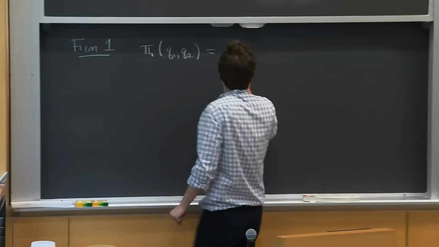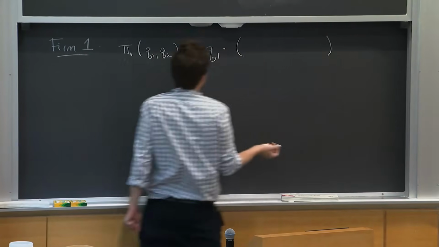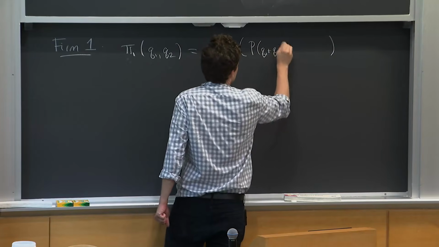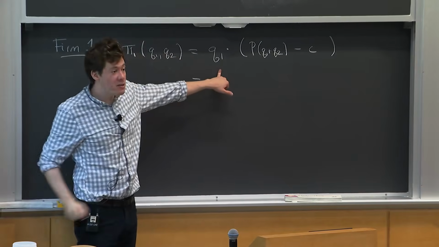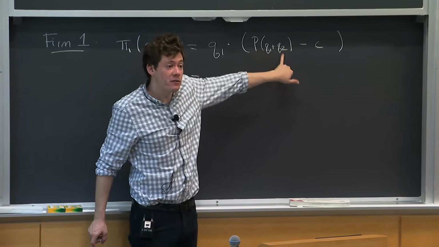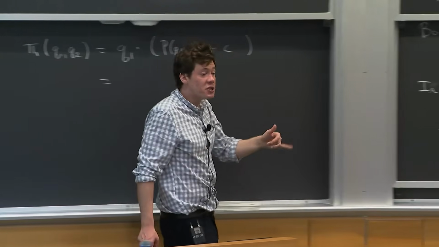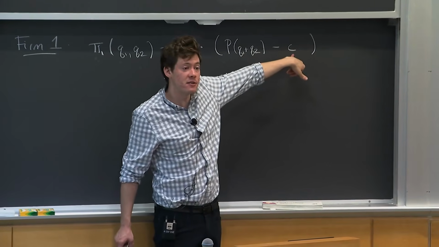So it's going to be Q1 times what? Q1 is the amount I bring to market. I sell it at a price of P of Q1 plus Q2, because Q1 plus Q2 is the total quantity brought to market. That's what determines the price. And then, of course, I also have to pay my constant marginal cost per unit.